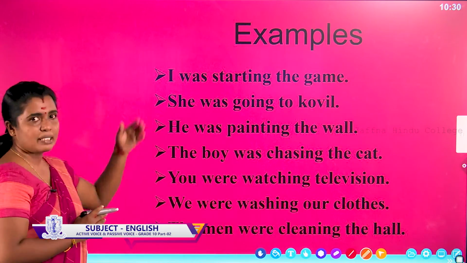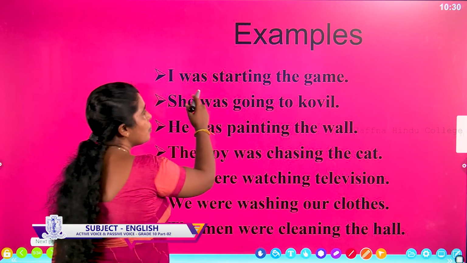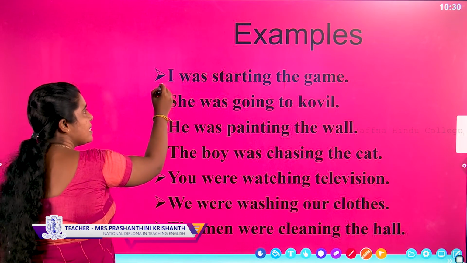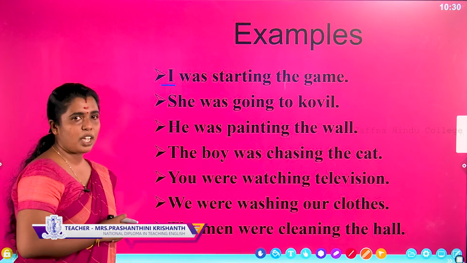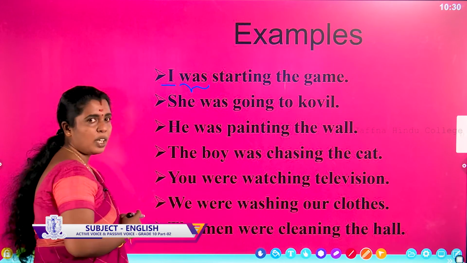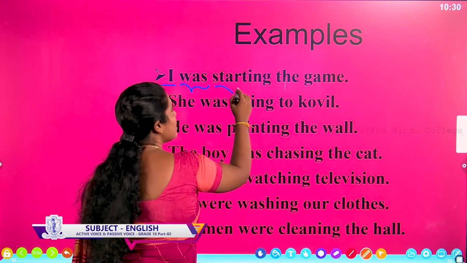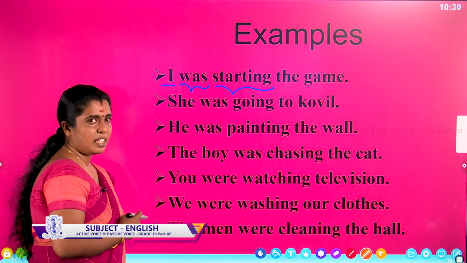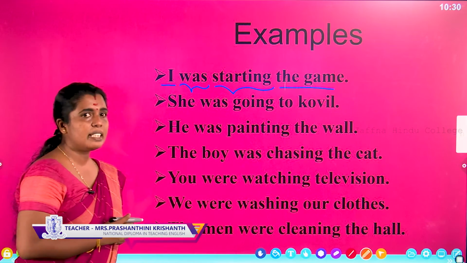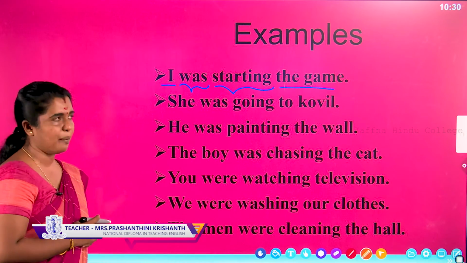Now, see these examples. I was starting the game, right? In this sentence, I is the subject, was is the helping verb, and starting is verb plus ing. So, what is the object in this sentence? The game, right?